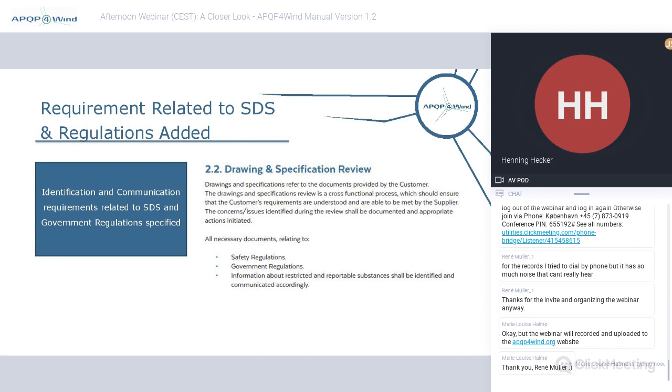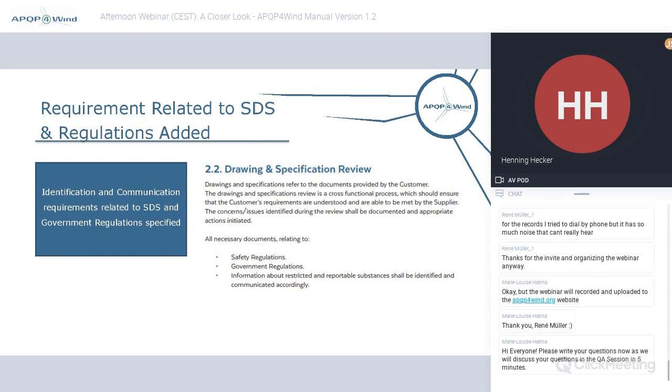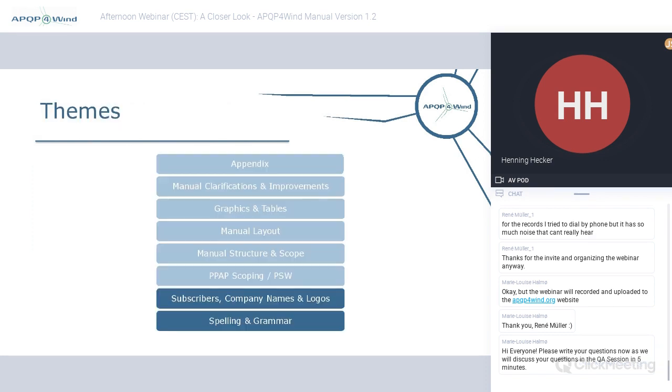That means we gave a kind of link, a hint, to add or talk about these very important documents, especially in the specification review. They are needed. And of course, there's a small link to the PSW as well. So I highly recommend reviewing this information, because it will help you go a little bit easier through the whole system.